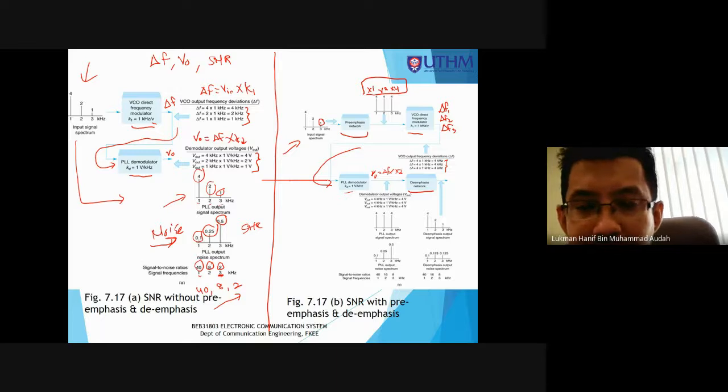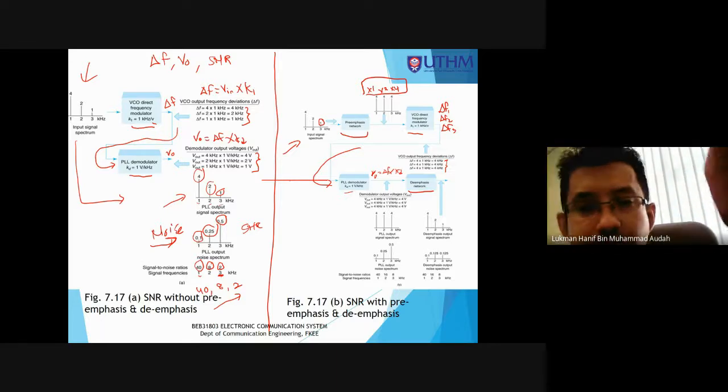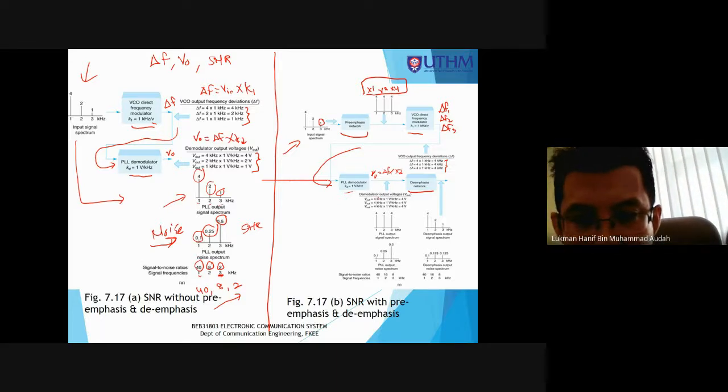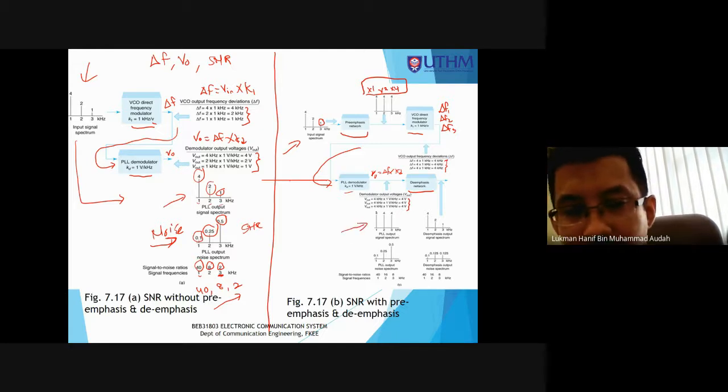So delta F here is 4 kilohertz multiplied with KD, so we get output equal to 4 volt. V out 1 is 4 volt, V out 2 is 4 volt, V out 3 is equal to 4 volt. And if we draw the spectrum, it looks like this: 4 volt at 1K, 4 volt at 2K, 4 volt at 3K.